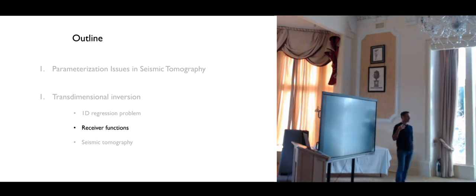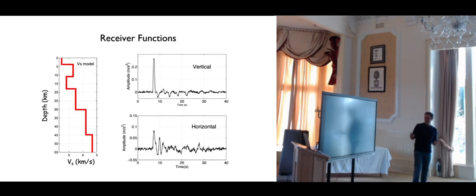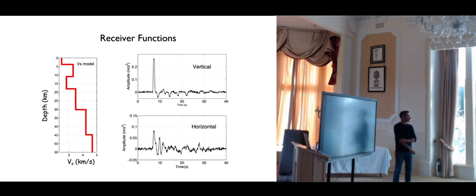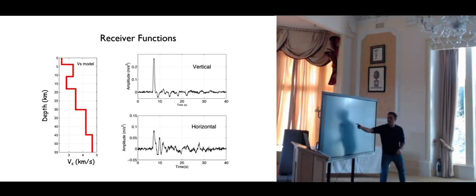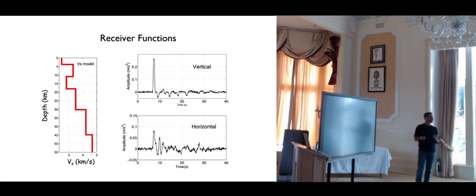Now I'd like to show you, before I finish, some applications to seismology. And the first, most obvious application is receiver functions, the inversion of receiver functions for a 1D model. This is a very classical problem in seismology. We want to recover a 1D model of the Earth below a station.